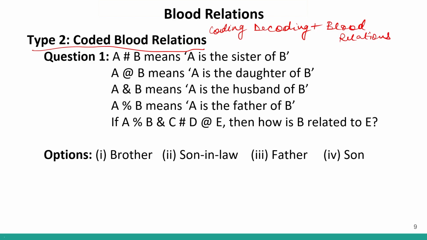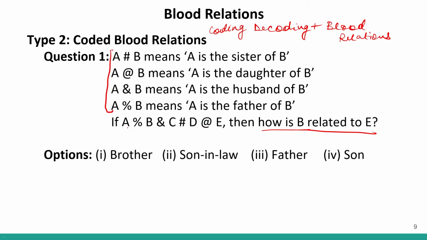So we will use the same 3 concepts: not assuming the gender, drawing symbols and making a family tree. Based on that, we will draw this chart. So let us come over here. This is the information, and this is the question based on this information. And the codes are given over here.